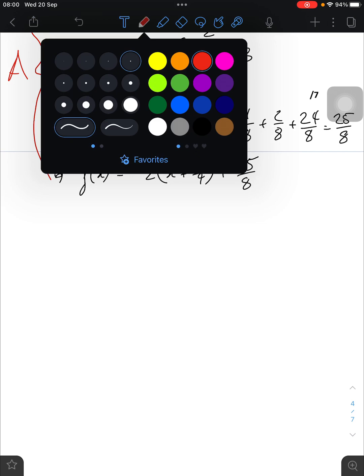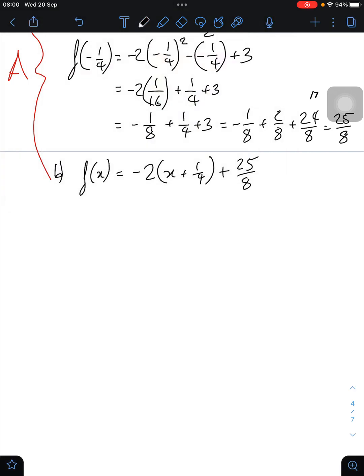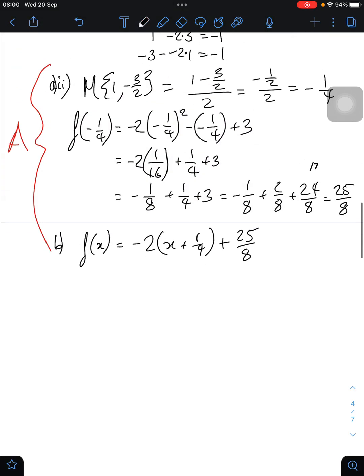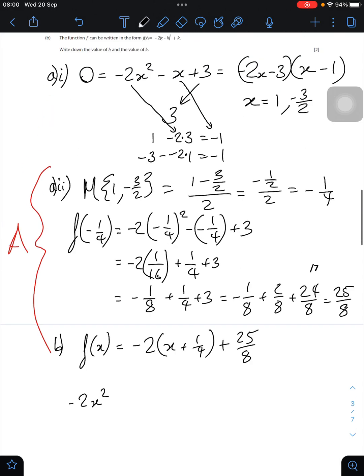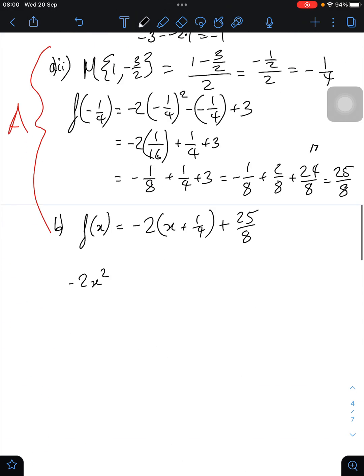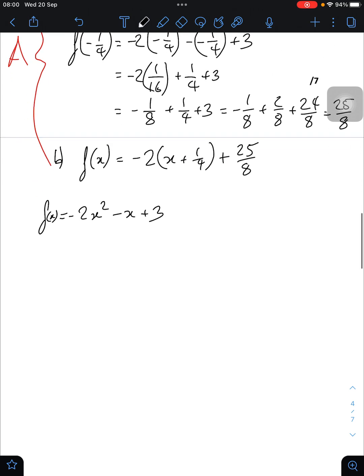So if we were trying method B, we would try to complete the square with minus 2x squared, minus x plus 3. We can't simply divide through by 2 here because then we lose our solutions.